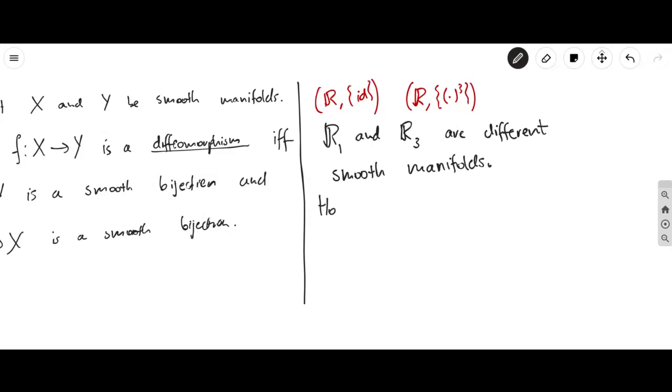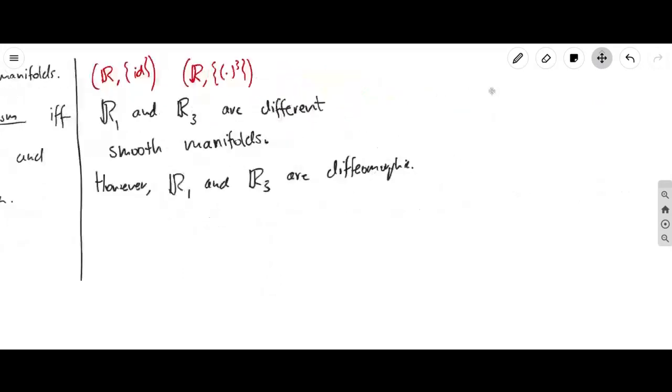However, R1 and R3 are diffeomorphic. So yes, they're different, but in some sense they're equivalent. And what's the diffeomorphism? Well, you define the following map from R1 to R3, where you take x and you send it to the cube root of x. Let me just check again that this is correct.